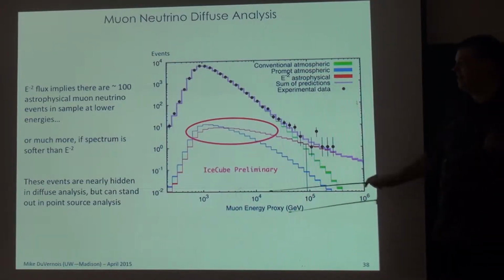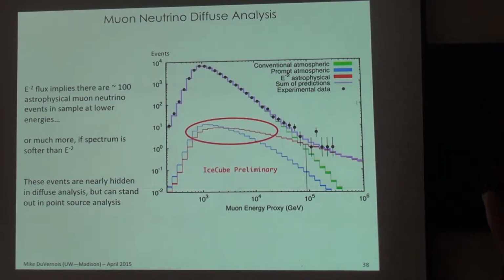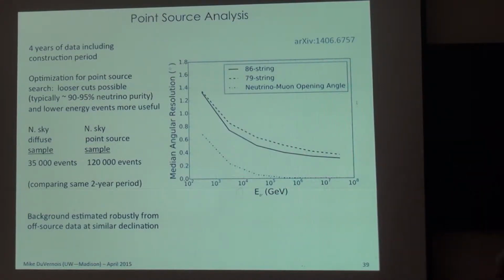So these events are pretty much hidden here in a diffuse analysis, but are an inspiration to try doing a point source analysis to see if you see correlations onto the sky. So we use that to look at a point source analysis.